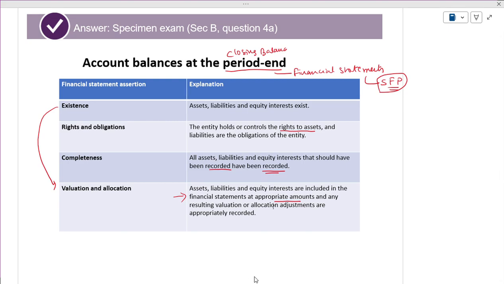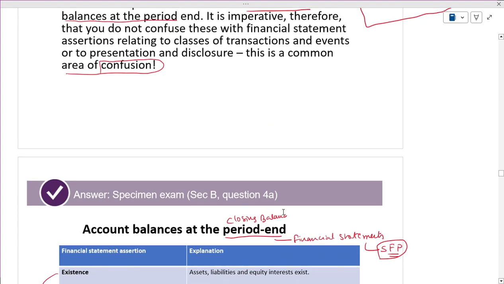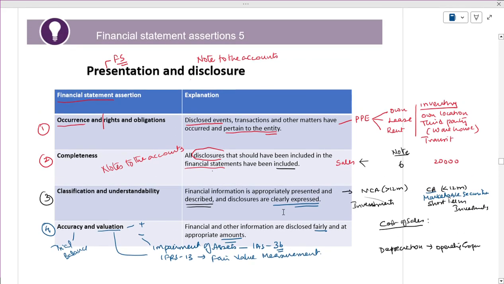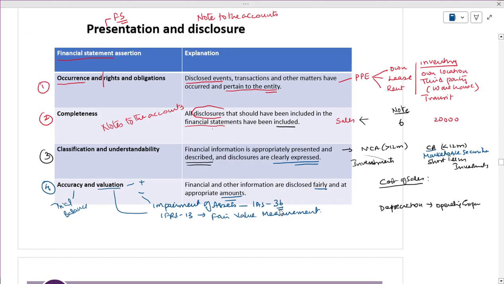This is the first part. Likewise, I will also revise the other things, with respect to presentation and disclosure. Some are uniform, some will come in every other assertion, some will not.